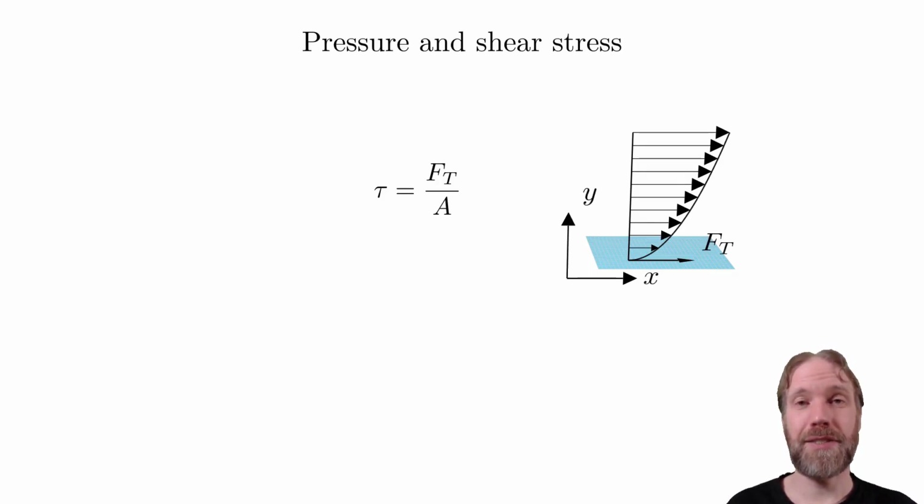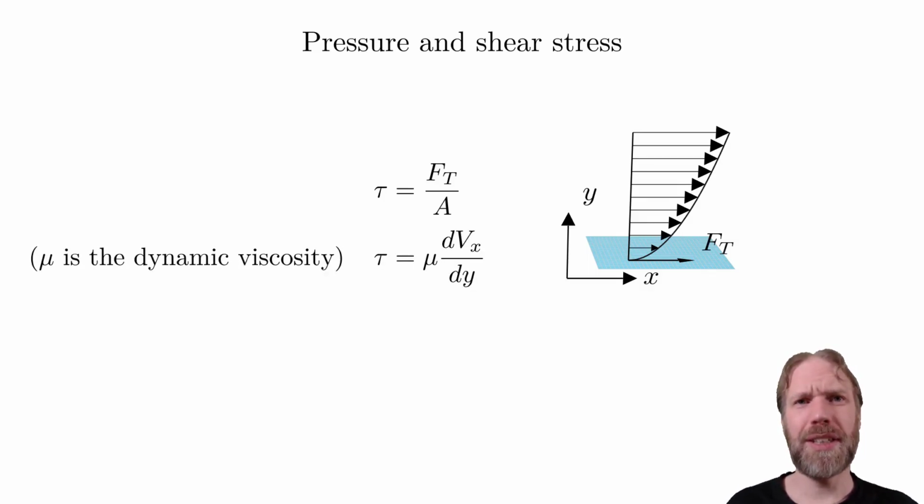The shear stress will now be given by the dynamic viscosity mu and the velocity gradient. For fluids such as water and air, which are called Newtonian fluids, the viscosity can be considered as a constant in this equation. As the term dynamic viscosity divided by density appears frequently, it has been given its own name, which is kinematic viscosity.